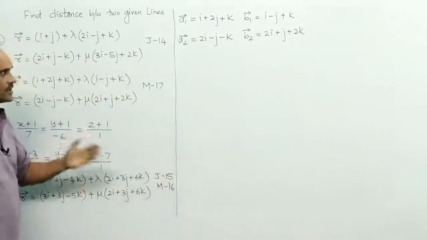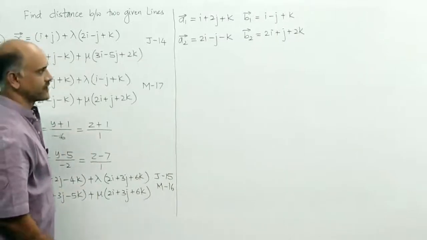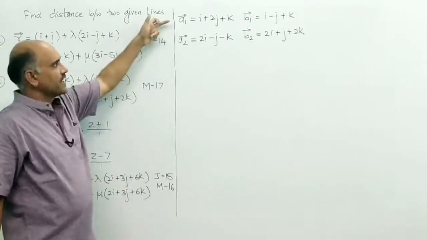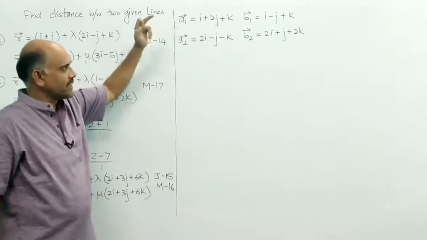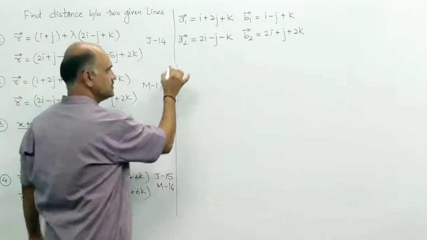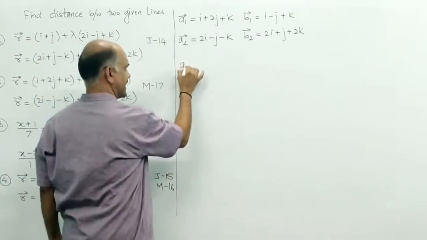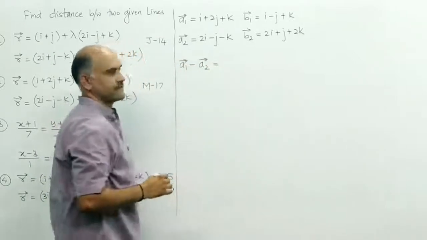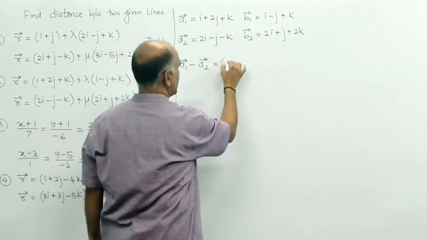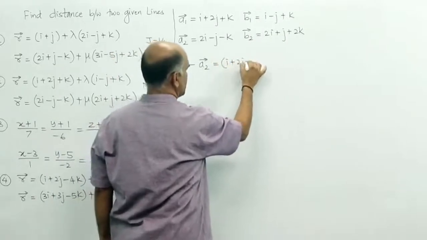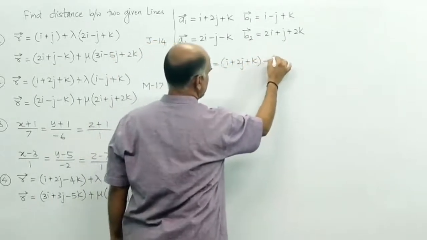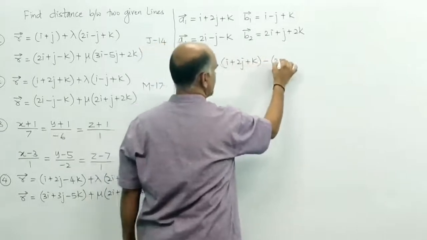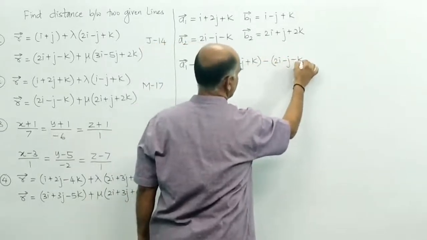Now you can start solving with me. First find a1 minus a2. So i plus 2j plus k minus 2i minus j minus k.